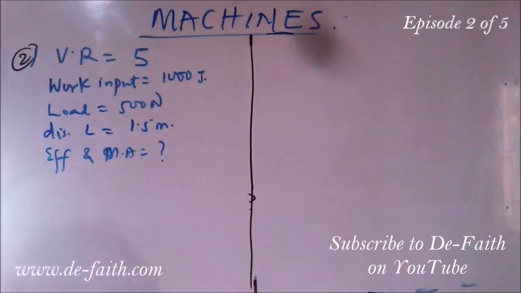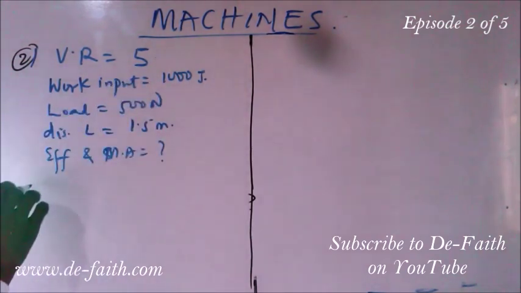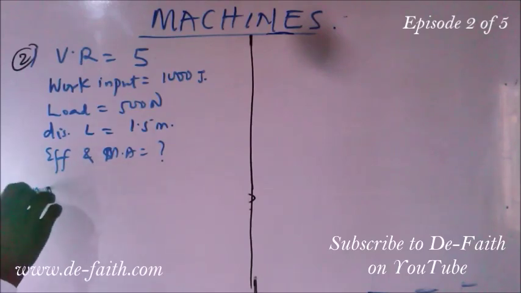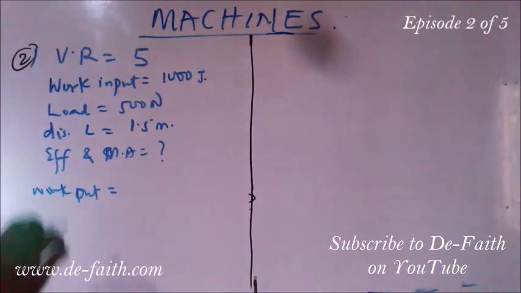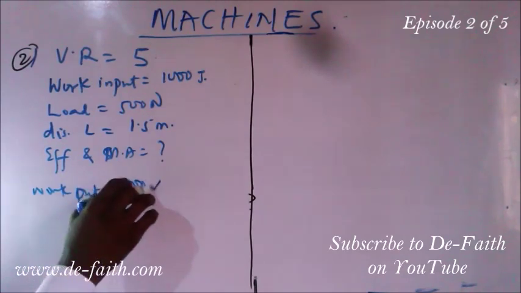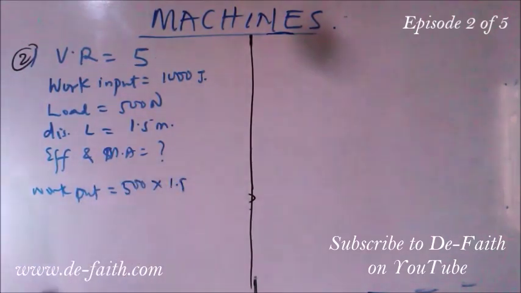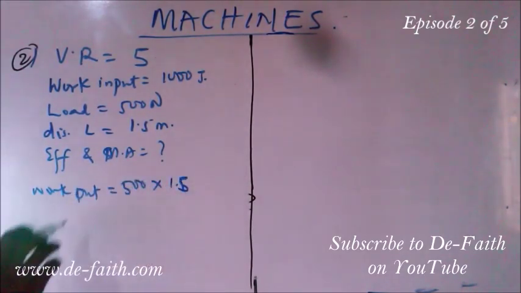So all we need to do is make use of our formulas along with the parameters that we have here. Now we have work input, and we can determine our work output from here. Work output is gotten by having 500 multiplied by 1.5, and all these are in SI units. So this is the work output in joules.